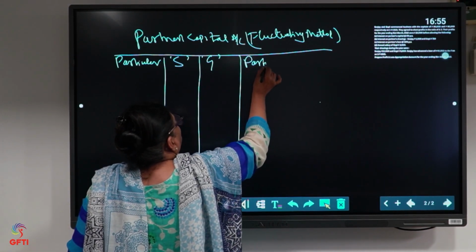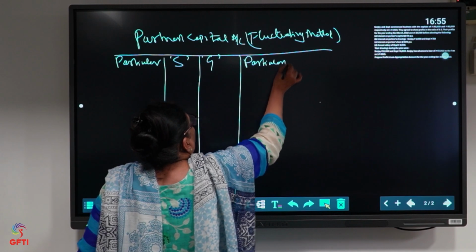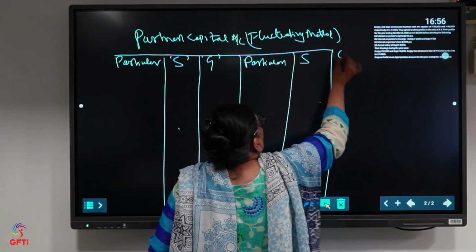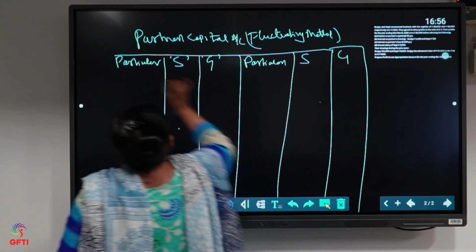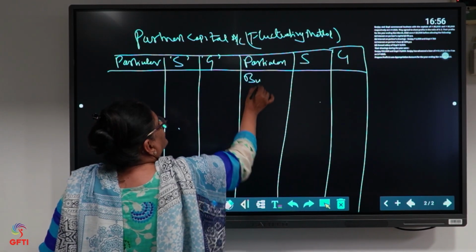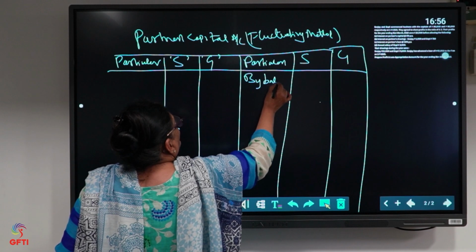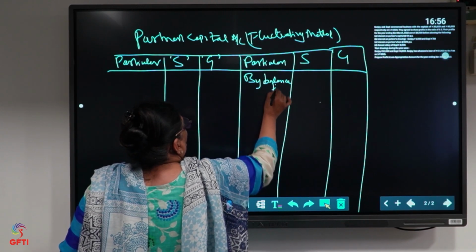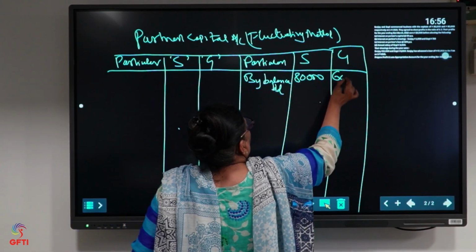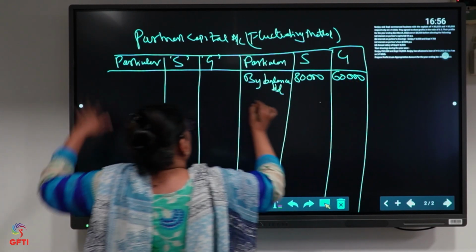Now go to the balance sheet and bring by balance brought down, 80,000 and 60,000. Clear?